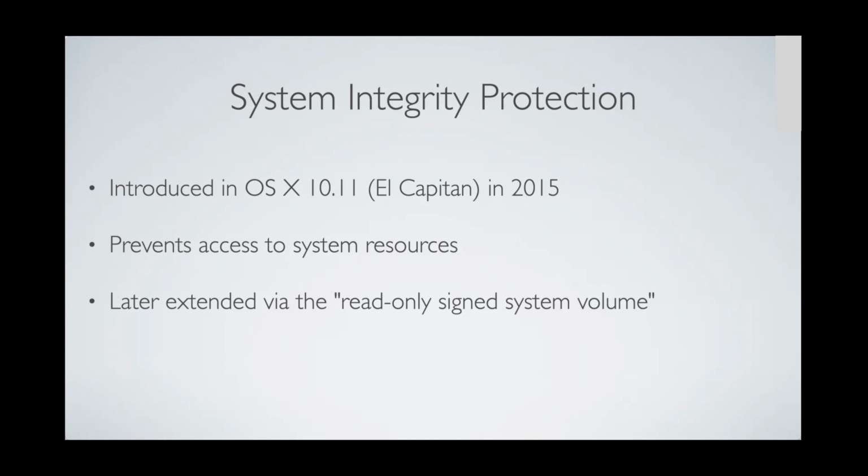And on top of that, it's signed. So the system can actually tell if the system volume's been messed with, and it will refuse to start up if it has. So this is really huge for protecting the integrity of macOS. And if macOS doesn't have integrity, you know, if it can be compromised, then anything can be. So this is really important.